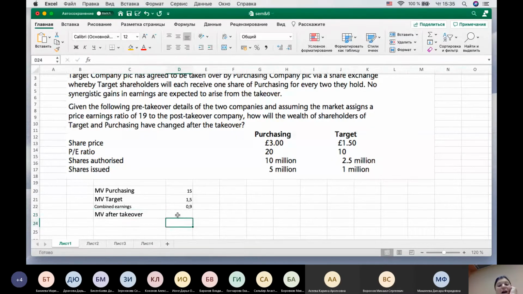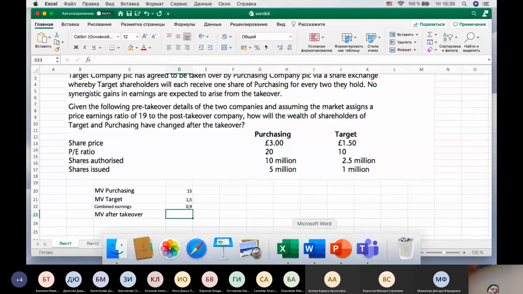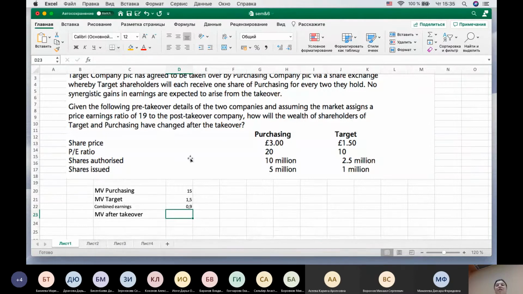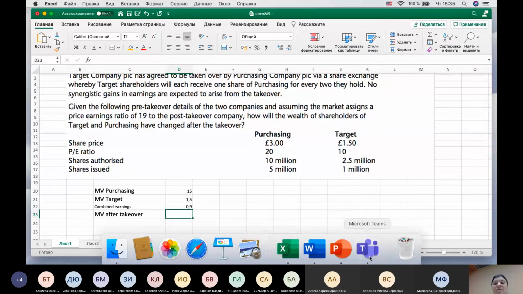How could we find our market value after the takeover deal? How do you think?